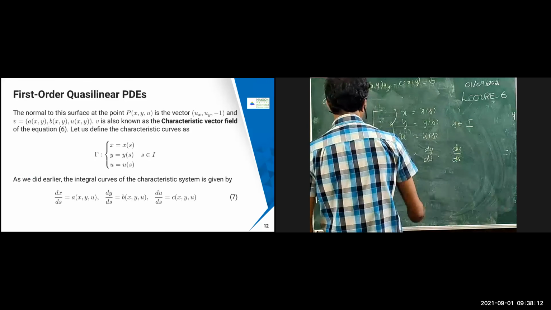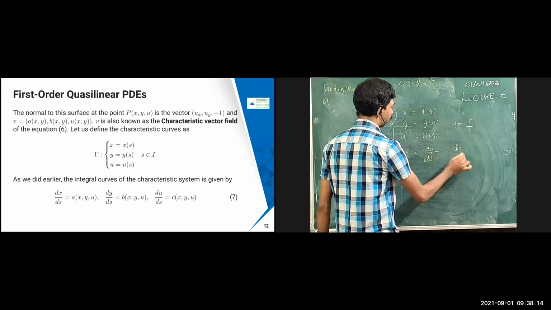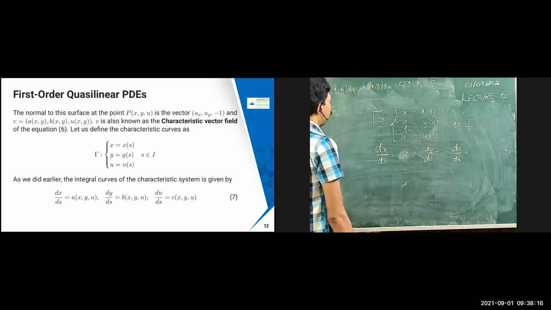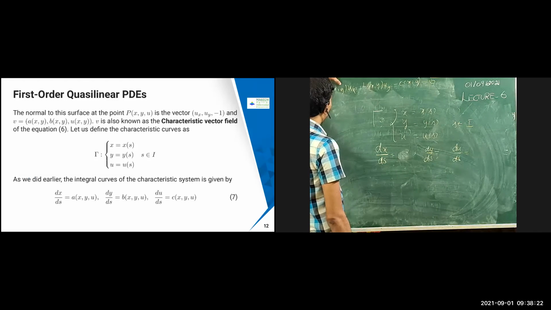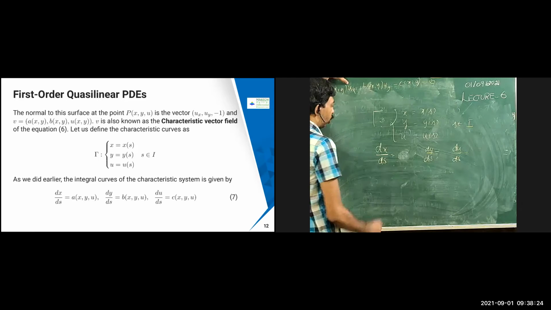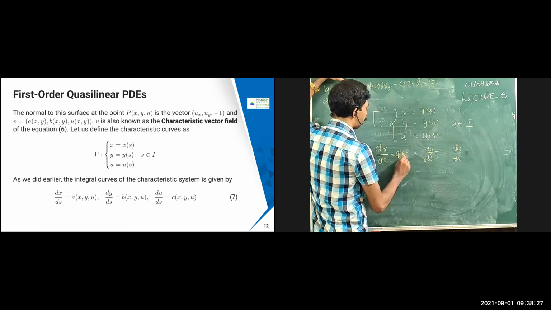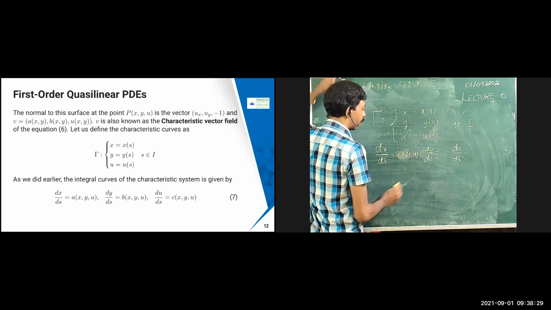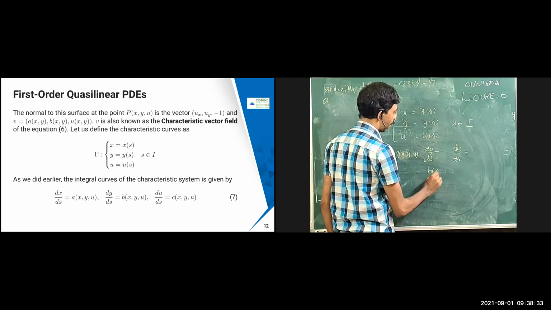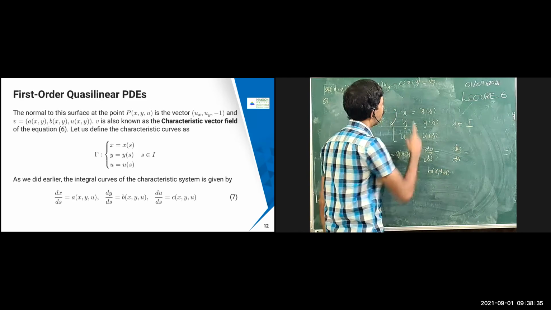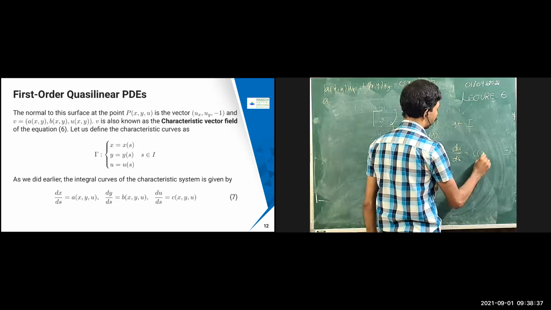What is the corresponding system we are going to find? It is going to satisfy this one. Dx by ds is going to be the coefficient of ux, that is a of x comma y comma u. Dy by ds is going to be the coefficient of this one, b of x comma y comma u, and du by ds is going to be c of x comma y comma u.